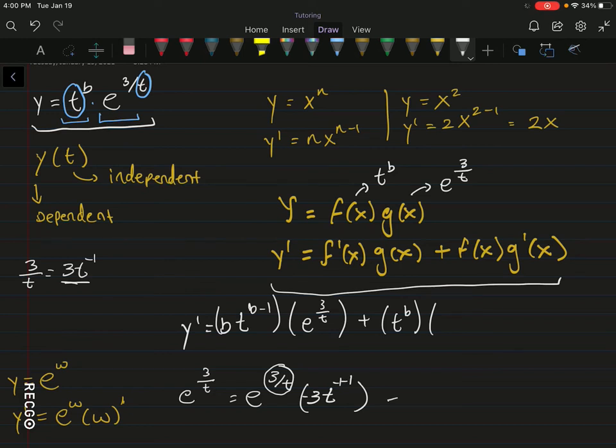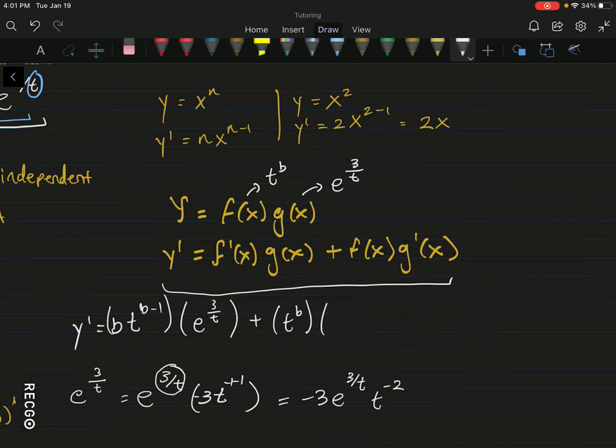So this ends up being negative 3 e to the power of 3 over t times t to the power of negative 2. Now we can write this here.